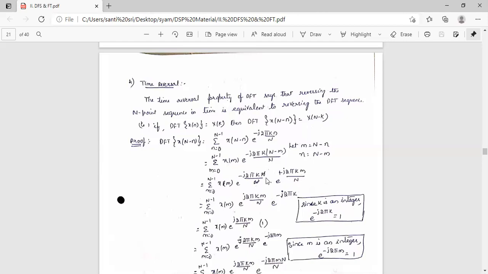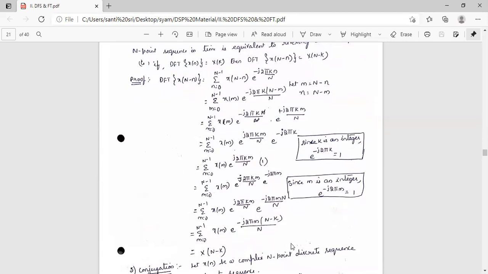So here N and N get cancelled, so it will become sigma m equal to 0 to N minus 1 x of m into e power j 2 pi km by N into e power minus j 2 pi k. This will become 1, since k is an integer, its value is 1. So it will become x of m into e power j 2 pi km by N into 1.